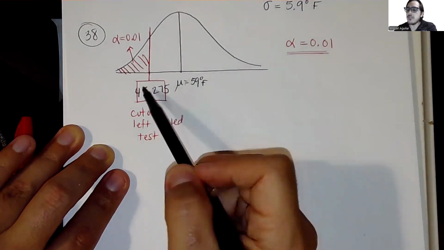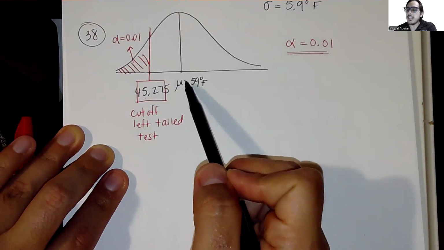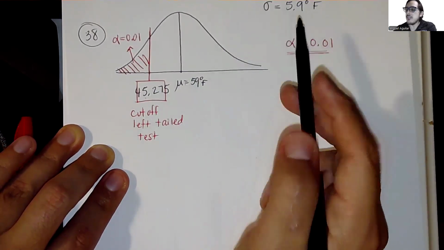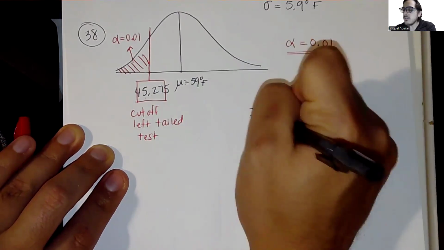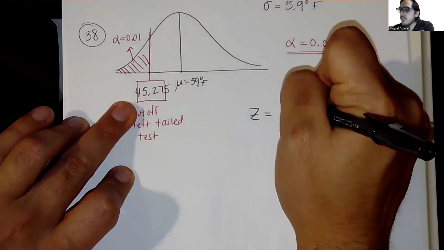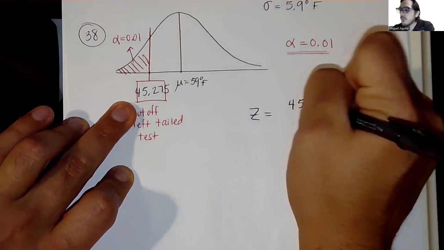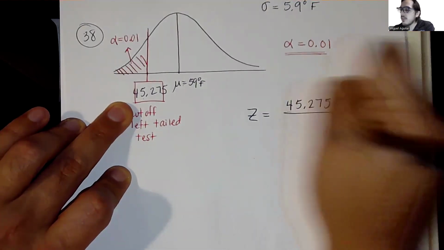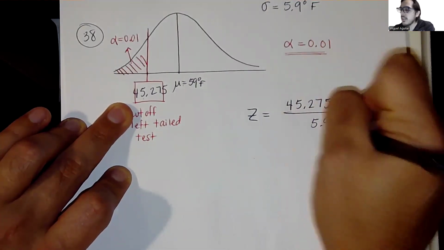We can do this value minus the mean divided by this number here. So if we want to get our z-score for our cutoff, we can do 45.275 minus 59 all over 5.9.